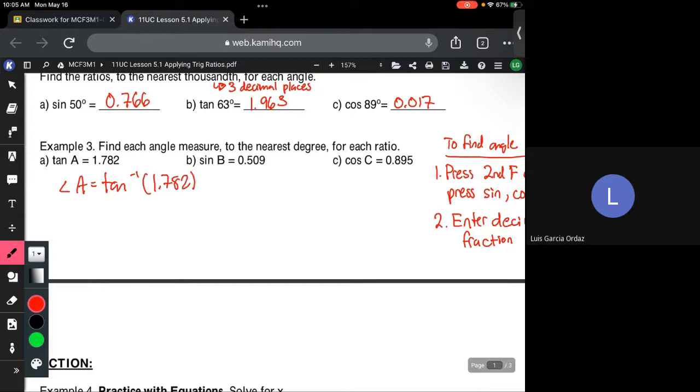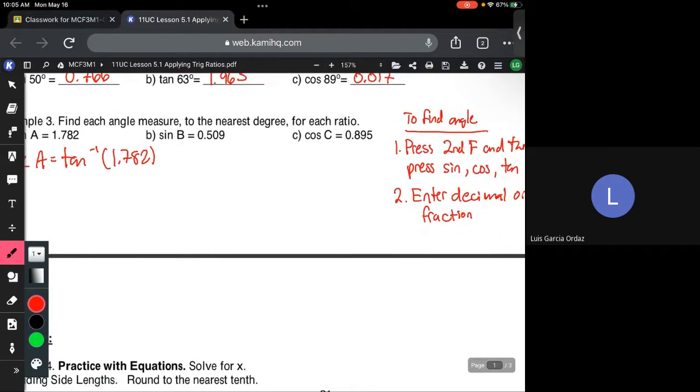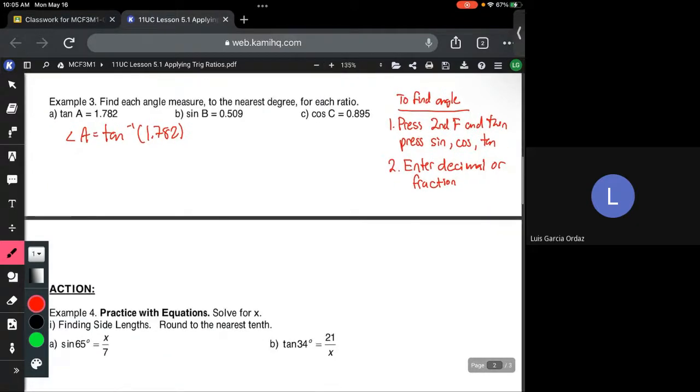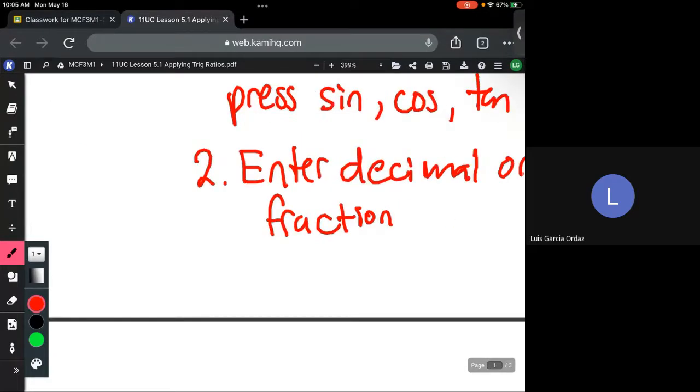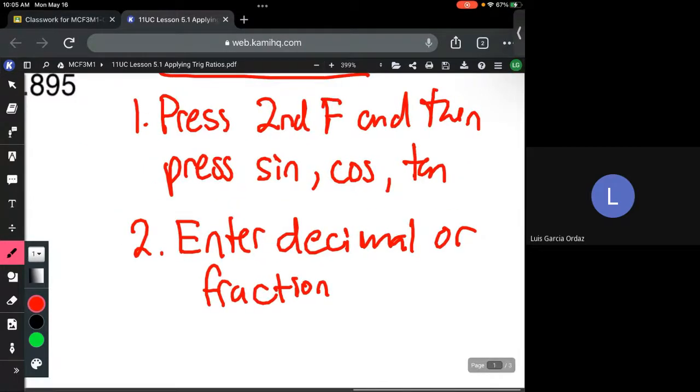Once you press second function and hit tan, cos, or sin, it's going to give you a bracket and you're going to put the number in it. Then just enter the number.